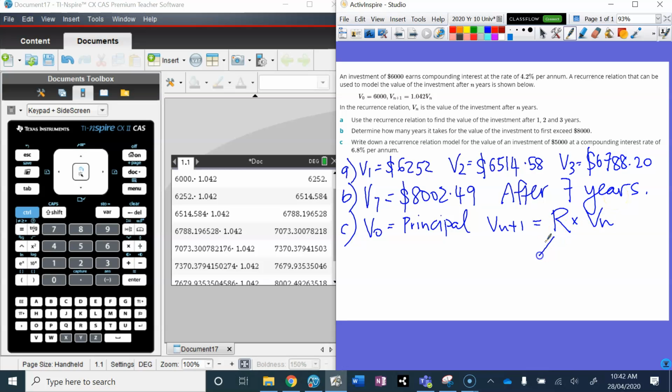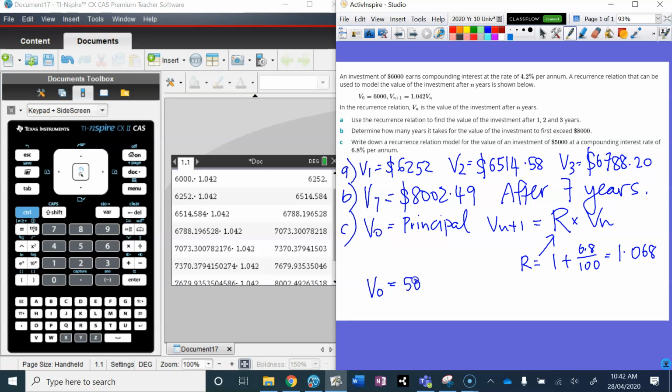And to work out that R value, I need to calculate 1 plus the percentage, the small r, which is 6.8%. So in this particular case, our R value is 1.068.